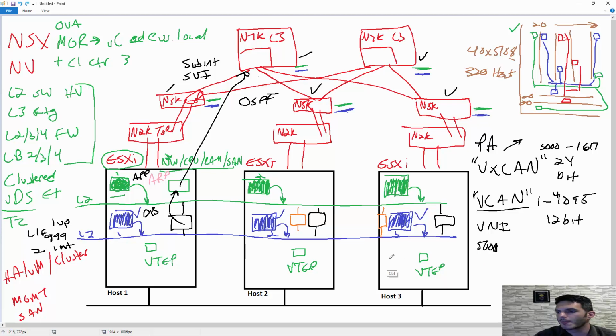I'll use black, it's easier to see. Say it ARPs. It says, I need to know how to get a hold of VM2. Okay, it hasn't learned that. It actually will, so it's kind of a bad example, but I'll explain how that works in just a minute.